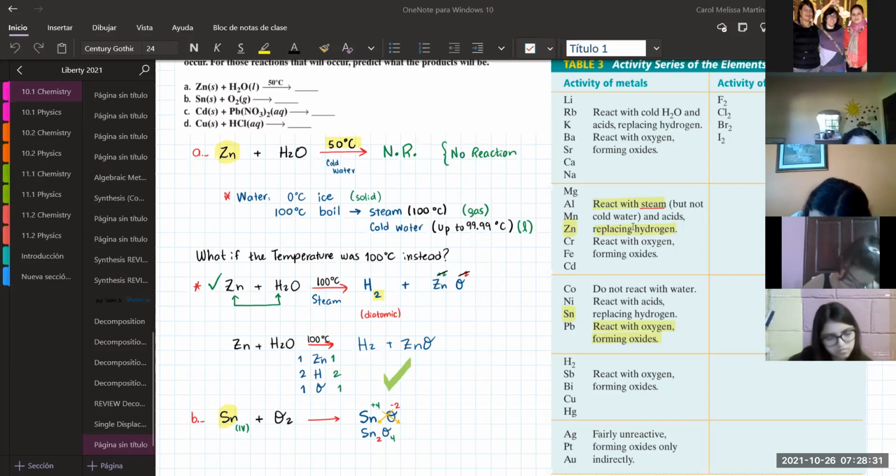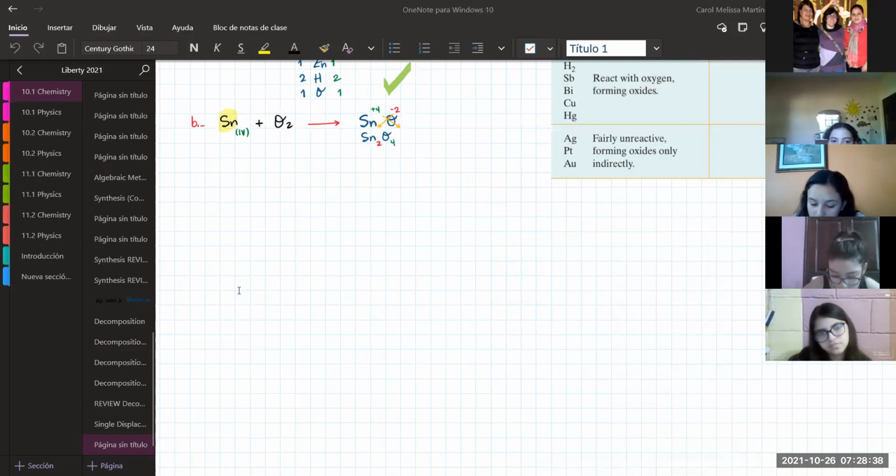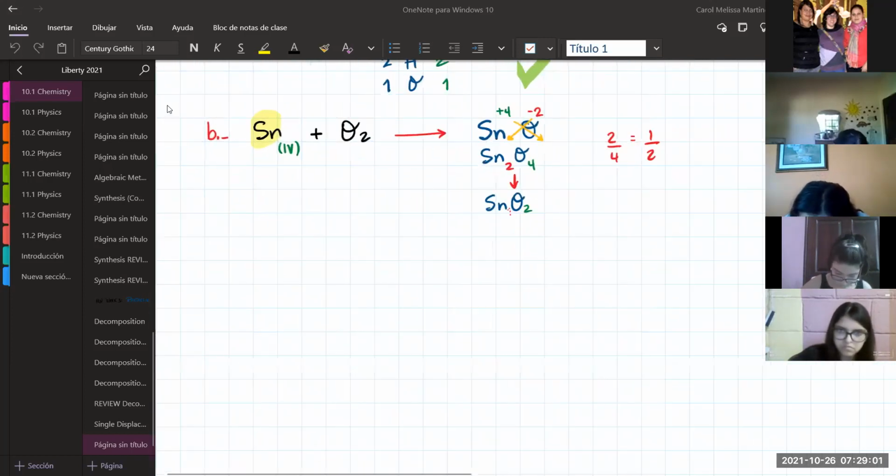And what you have to see after is, can you simplify? Exactly, so you have 2 over 4, 1 and 2. It is going to be Sn1 O2. That will be the final product.